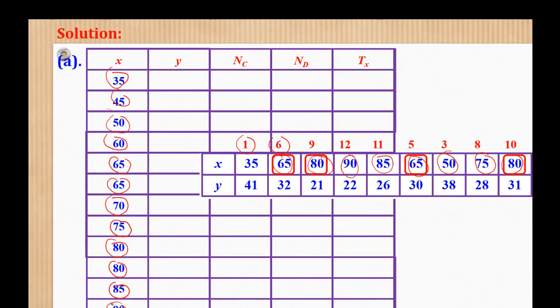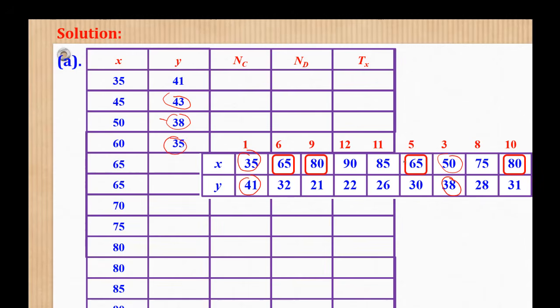Second column, you are now going to write corresponding Y values for each value of X. 35 was corresponding to 41, so I write 41. Then 45 corresponds with 43, so I write 43. Then 3 is 50, corresponding to 38, so I write 38. 4 is 60, corresponding to 35, so I write 35.